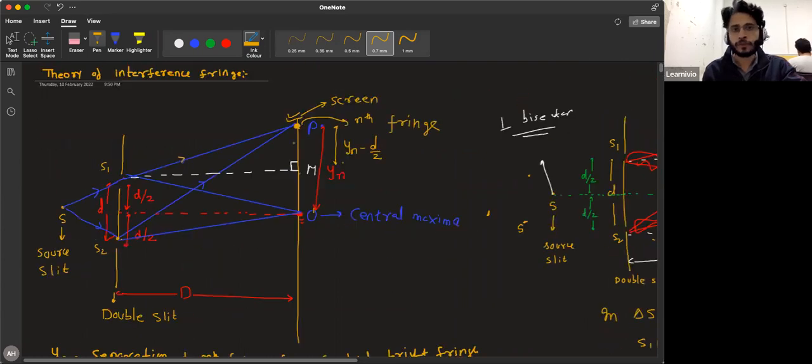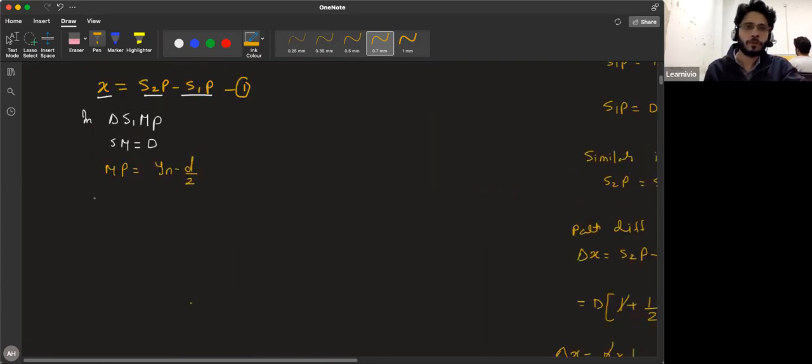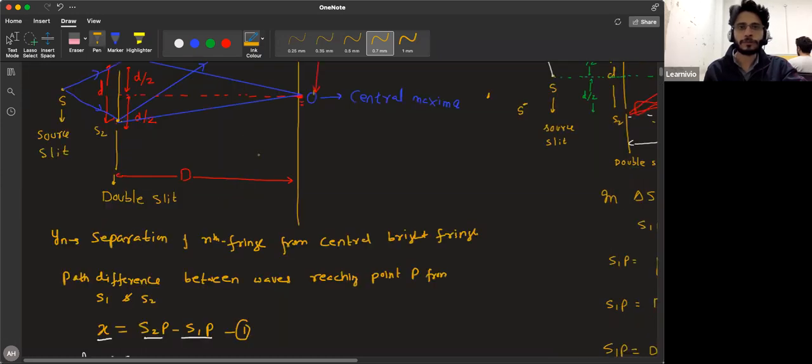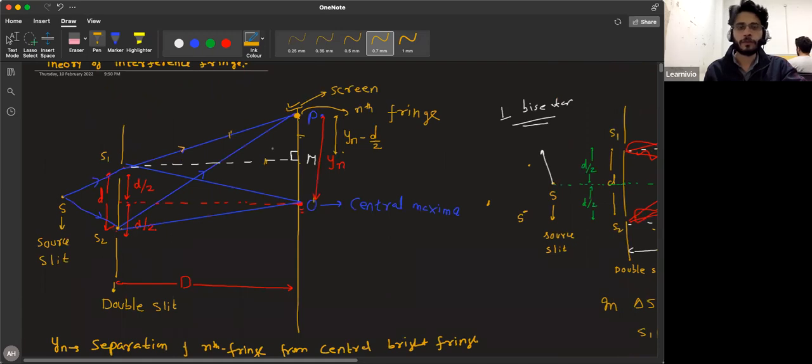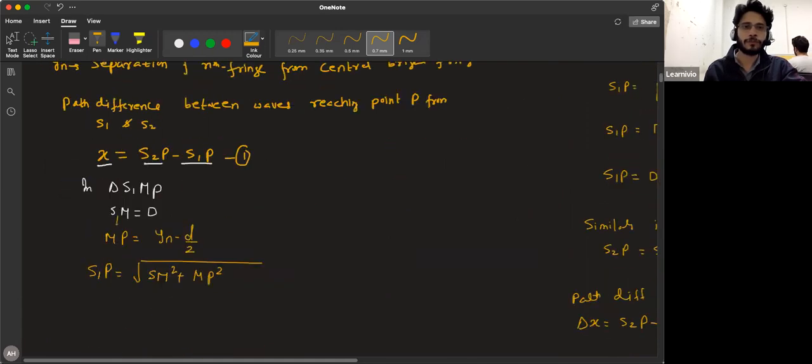And this S1P is the path basically. So you need S1P in terms of these terms, so we can use the Pythagoras theorem. You can write that S1P is root over S1M square plus MP square. I'm just using the Pythagoras theorem.